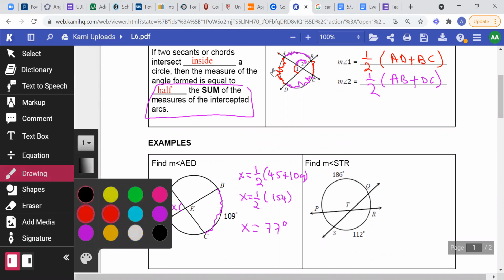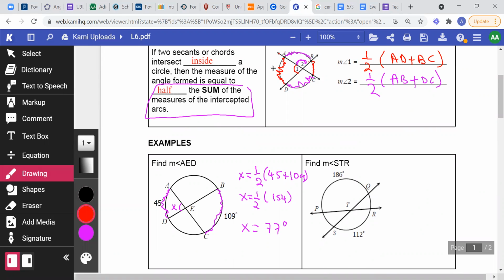The next problem, problem 2: the measure of angle STR. We move from S to T to R, which is this angle here. The arc in front of it is SR, and the arc behind it is this one. If you trace these two secants, the intersecting arcs are these two arcs in red, according to the angle here.